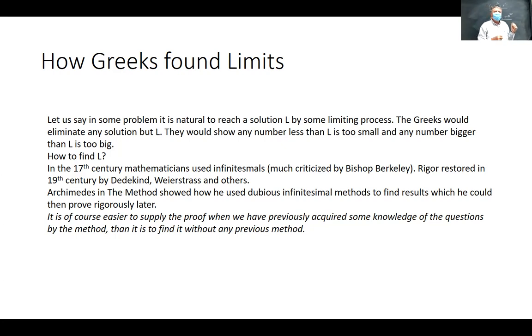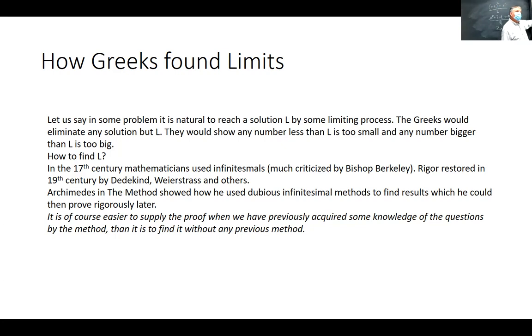He's probably the first mathematician to say that the way that we come up with theorems and the way we actually prove theorems are two different things. And this quote says, "It is of course easier to supply the proof when we have previously acquired some knowledge of the questions by the method than it is to find it without any previous method." The method was his way of using infinitesimals to do things.